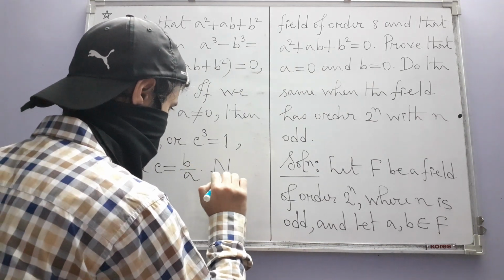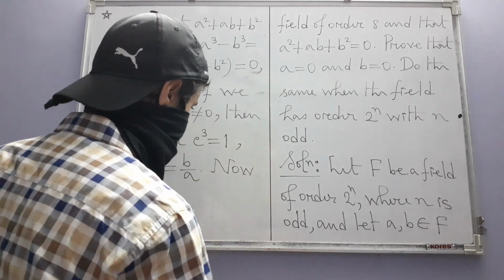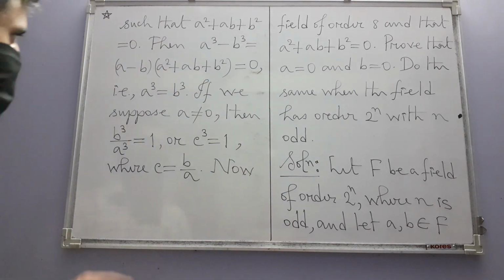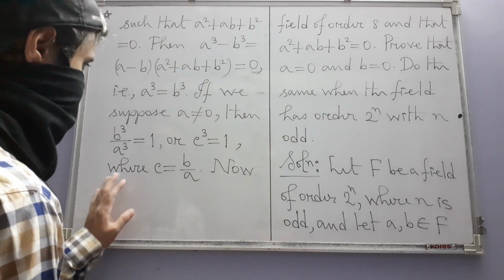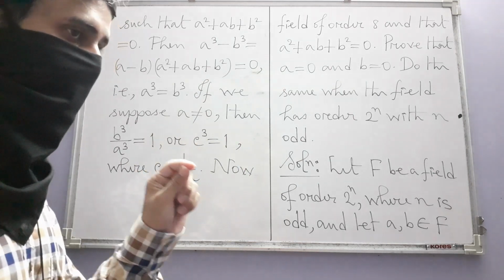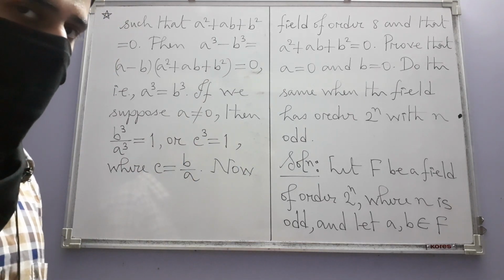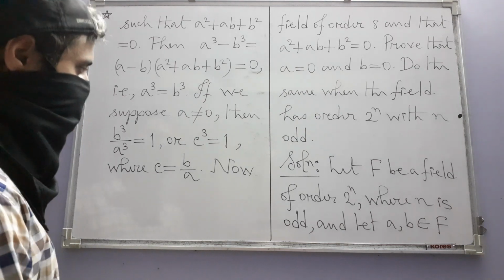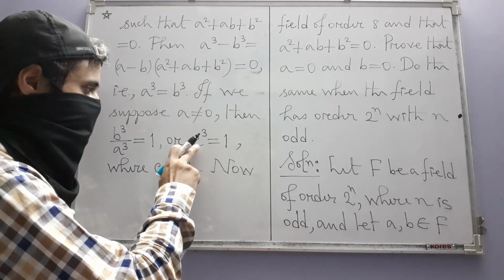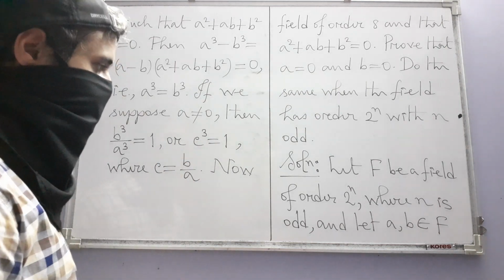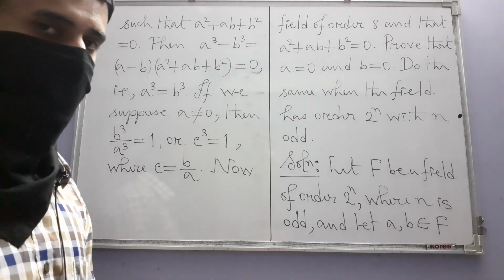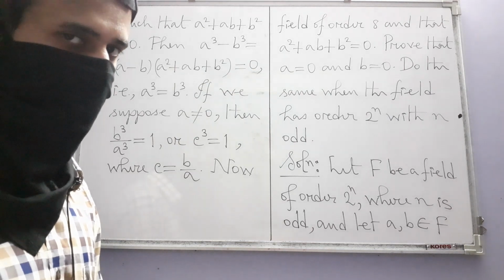Now can c itself be 0? Of course it cannot be 0, because if c is 0, then you have 0 equal to 1, which is not possible in a field. In a field, 0 is never equal to 1.